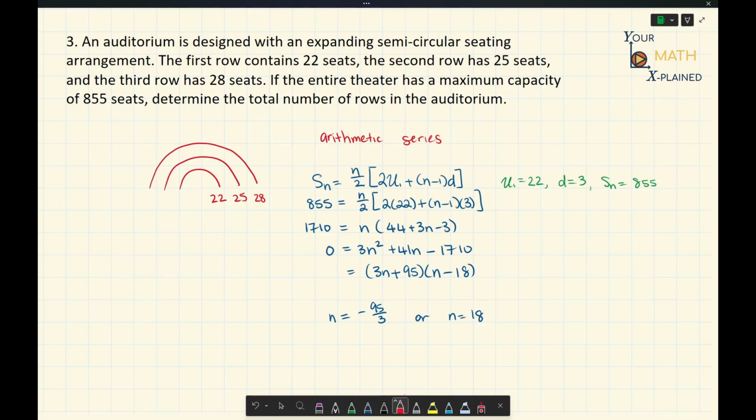But n here represents the number of rows within this auditorium, and you can't have a negative number of rows, which means this answer here is invalid. So therefore, we just have one solution, which means we have a total of 18 rows within the auditorium.